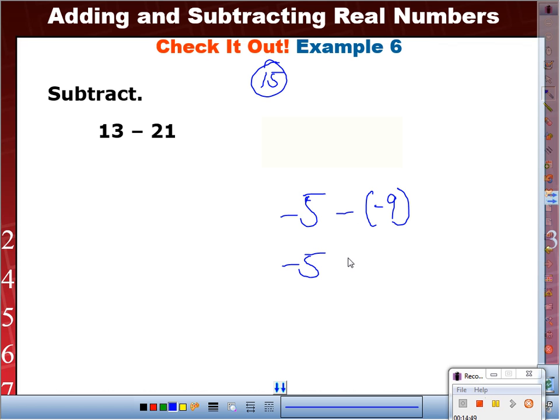So keep the first, change to addition, and this becomes what? Positive. Okay, so what method do you use from there? I know, but remember, out of the 4 methods, which one are you going to use? Ground zero, okay. So we have -5. How much dirt do we have? 9. So, are we going to have dirt left over? Yes. How much?